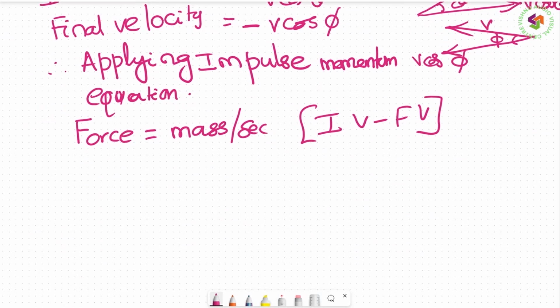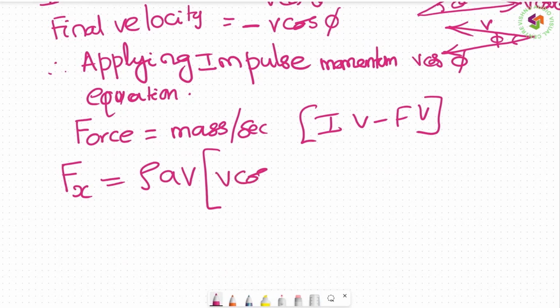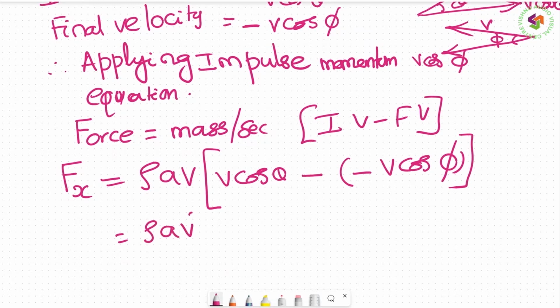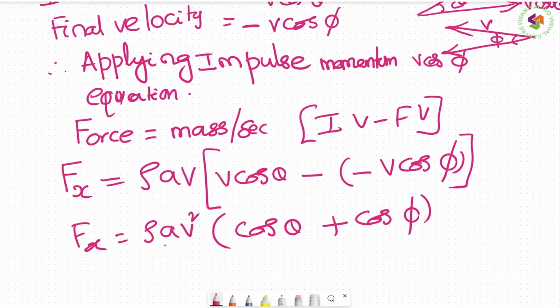Now what direction are we taking? X direction. So Fx is equal to mass per second, rho a v, into initial velocity, which is v cos theta in the x direction, minus the final velocity in x direction, minus v cos phi. Why minus? It is in the opposite direction. So therefore, it is rho a v square into cos theta plus cos phi. This is the first case.